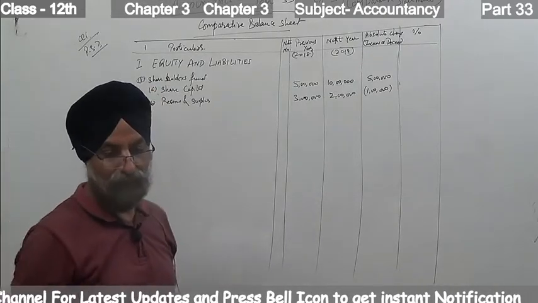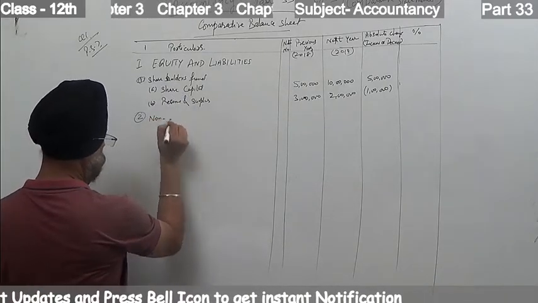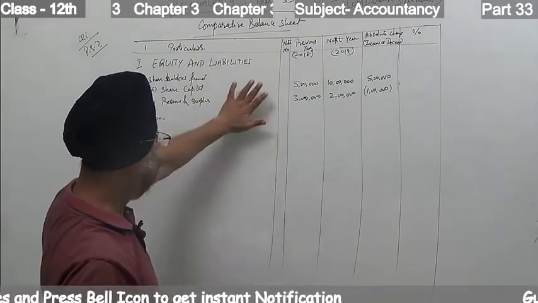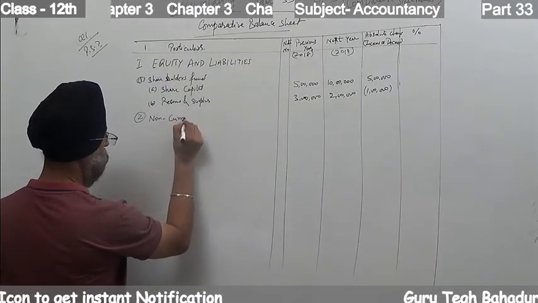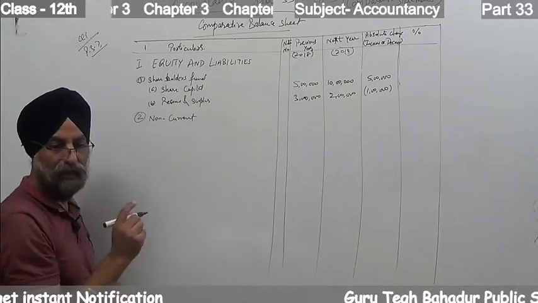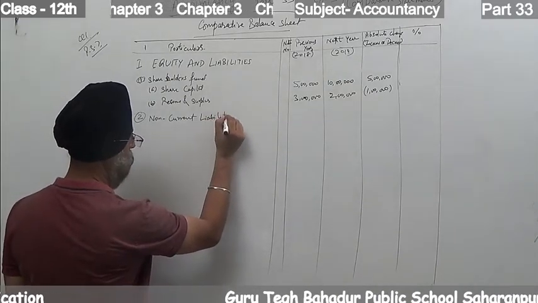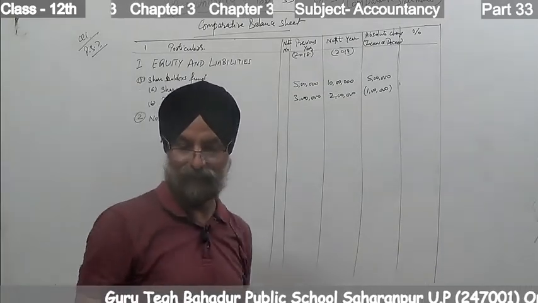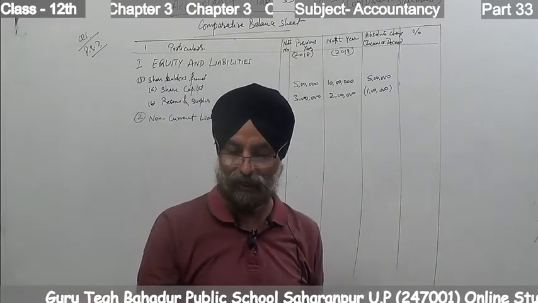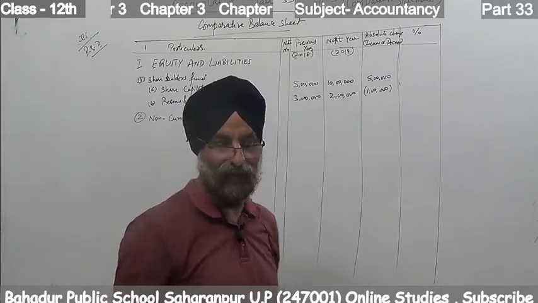This is non-current liabilities. All these values are given in the question. You have to arrange the values in this proforma of the comparative balance sheet. In non-current liabilities, long-term borrowings at the end of March 18 are 5 lakh and at the end of March 19 are 8 lakh.